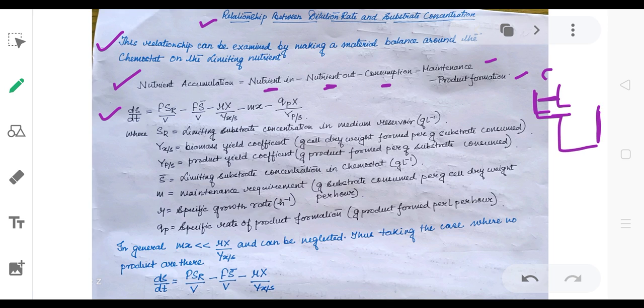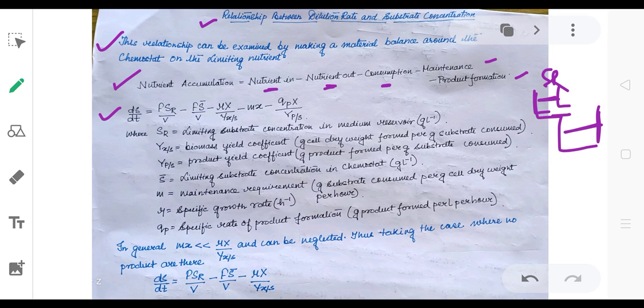Next is F and V, where F is the flow rate and V is the volume of the vessel. And F/V is equivalent to your dilution rate.